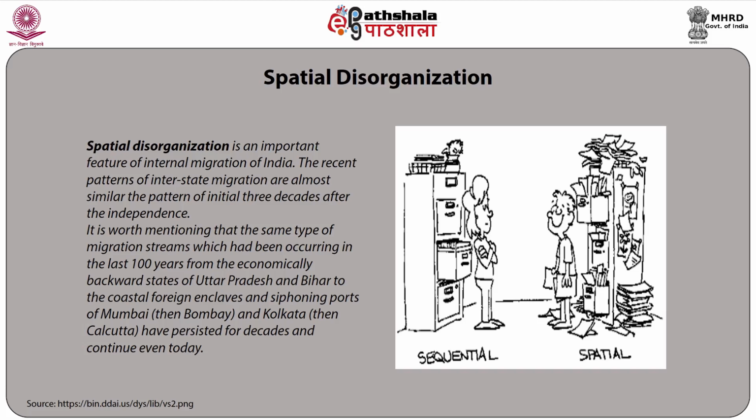It is worth mentioning that the same type of migration streams which had been occurring in the last 100 years from the economically backward states of UP and Bihar to the coastal foreign enclaves and trading ports of Mumbai, then Bombay, and Kolkata, then Calcutta, have persisted for decades and continue even today.